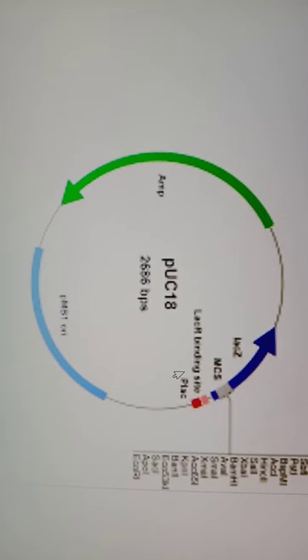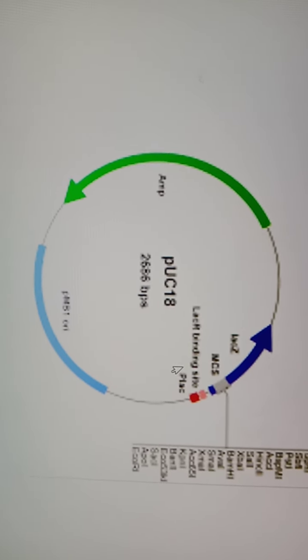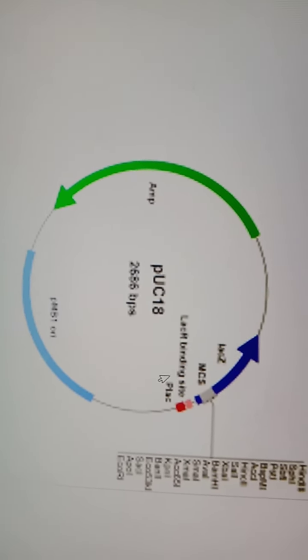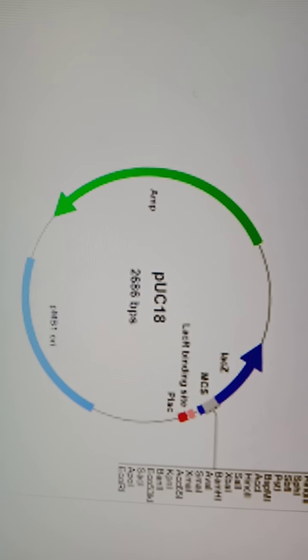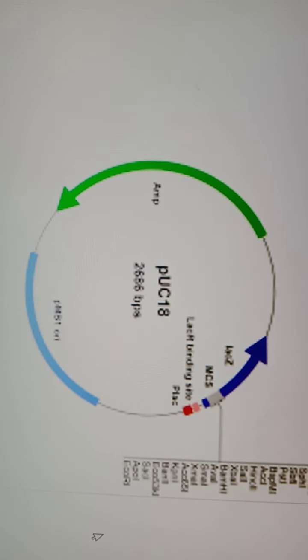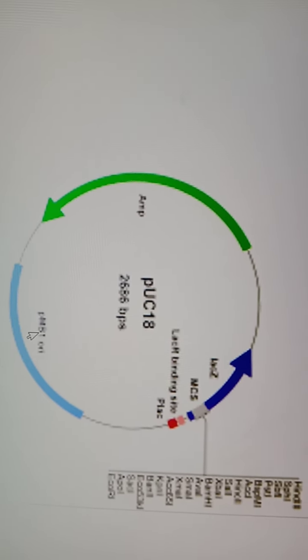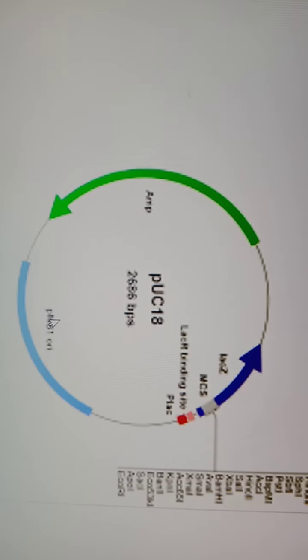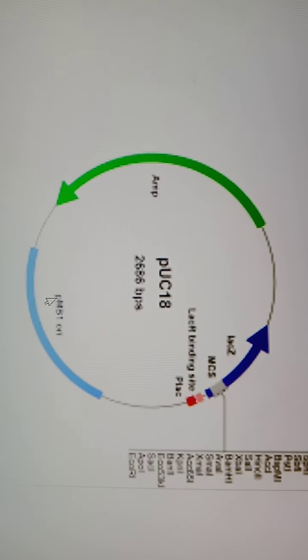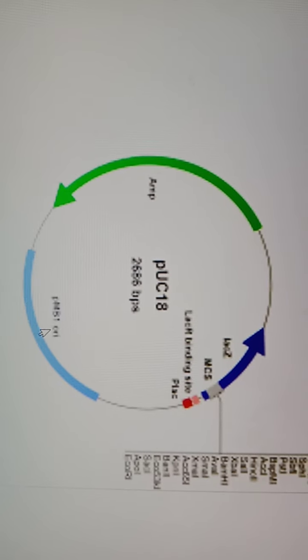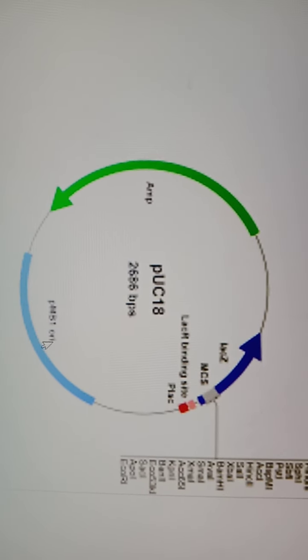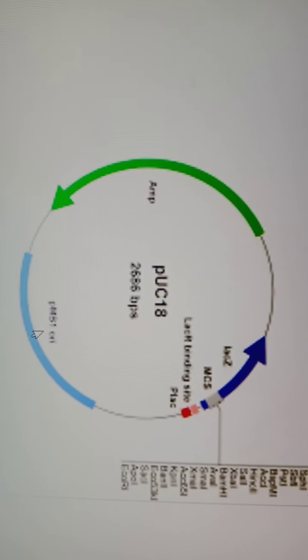In the exam they may ask you to write the vector map for pUC18. At that time you should draw like this. Here you need to show the ORI site, also known as the origin of replication, which is useful for self-replication of the vector.